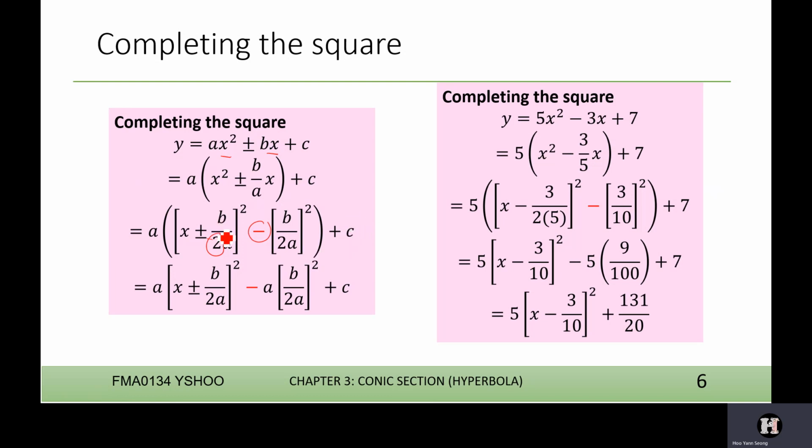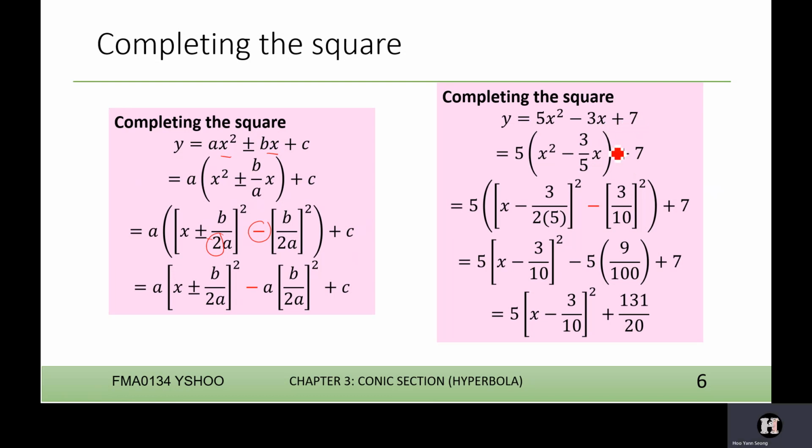Then normally for this topic we need to expand out. Don't keep it in an a-something form, so we just expand our bracket. Keep a here, then plus c. So let us look at one example: 5x squared minus 3x plus 7.